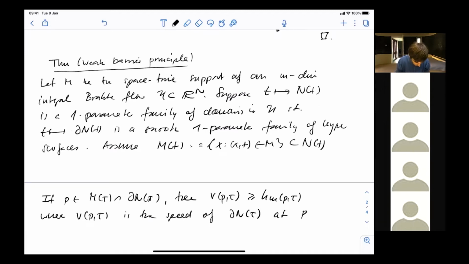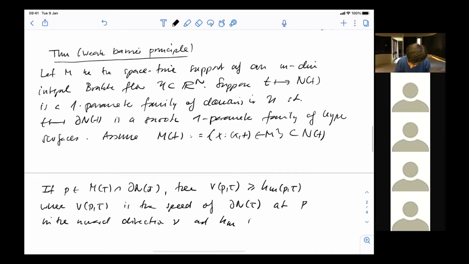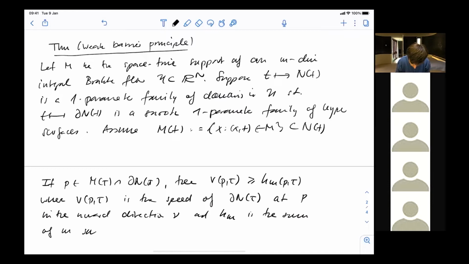So this is the normal speed, v times nu, at p in the inward direction nu, and H_m is the sum of the m smallest principal curvatures of dN.